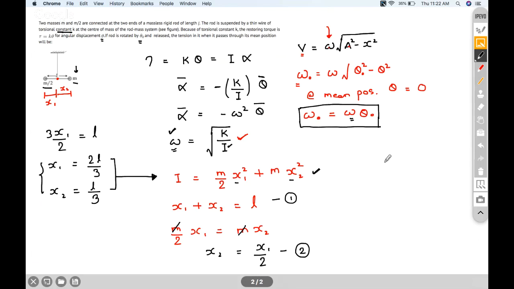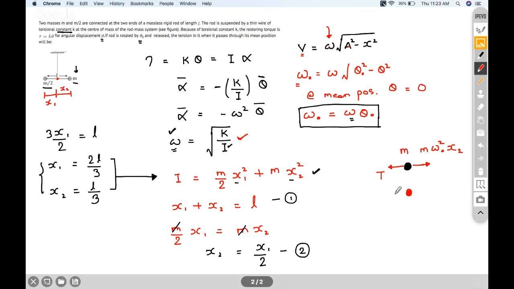Now if you draw a free body diagram of mass m, you'll see that it experiences a centrifugal force of m omega naught square times x2 this way, and this way there will be tension T. Similarly, you could draw a free body diagram for mass m by 2.